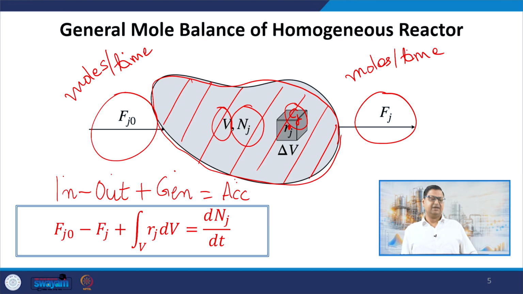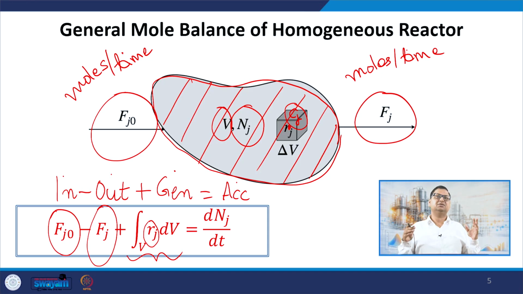The in is my molar flow rate coming in, that is Fj naught for species J. The outflow rate is the molar flow rate going out, that is Fj. The generation in general is the integral of this Rj over the entire volume of the reactor. If it is perfectly mixed, we can drop the integration and say it is simply Rj multiplied by V, but in general it is an integral of Rj dV.